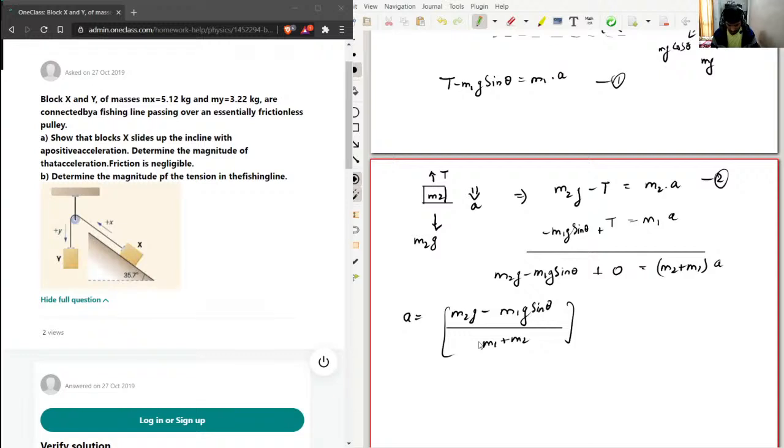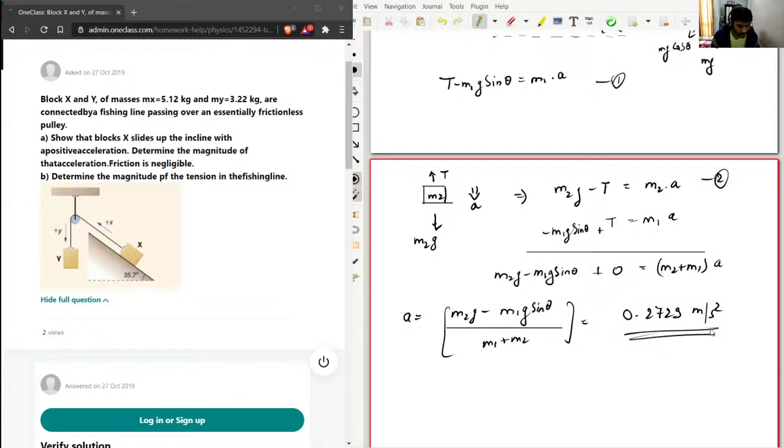And this will be divided by the sum of both the masses, 3.22 plus 5.12. So the acceleration comes out to be 0.2729 meter per second square. The acceleration is positive, so our assumed direction was correct, and hence the direction is similar to the direction given in the question.